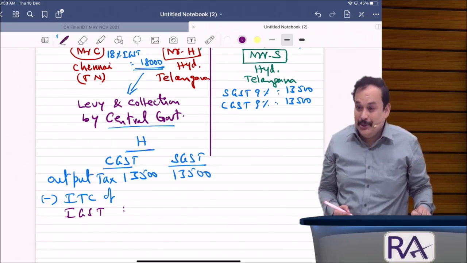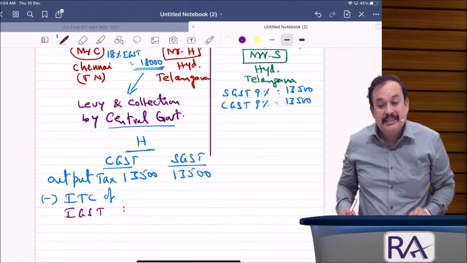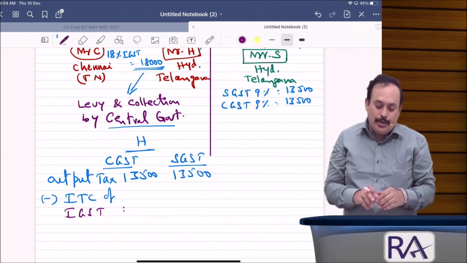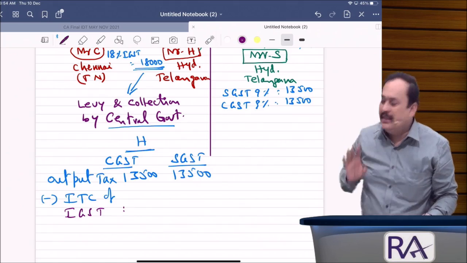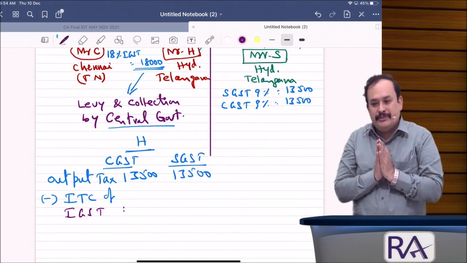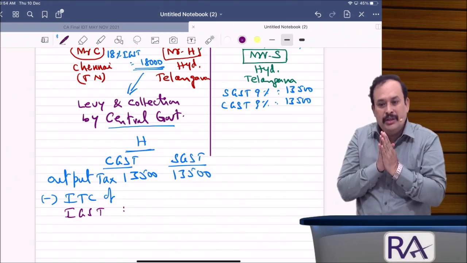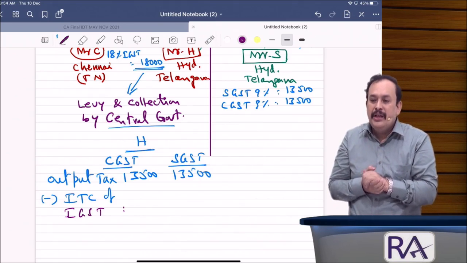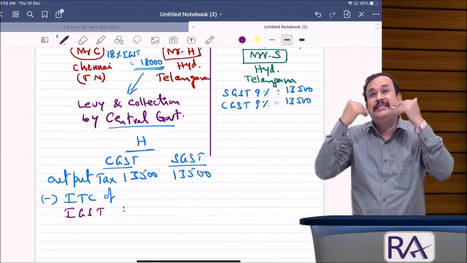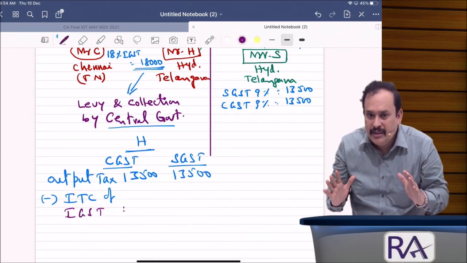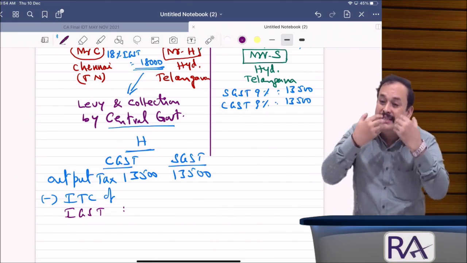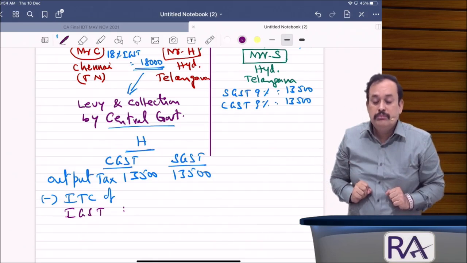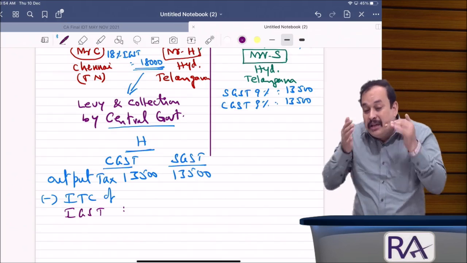This is also important to note. We have an amendment here. Section 49A of the CGST Act talks about this. So don't worry at all. I will explain to you here the setting of this provision with the latest provision, what is available now in the industry, applicable for the exam. Sir, if I do not have IGST liability, I have only CGST and SGST liability, what is my credit?